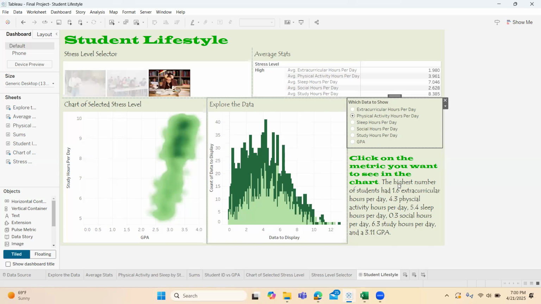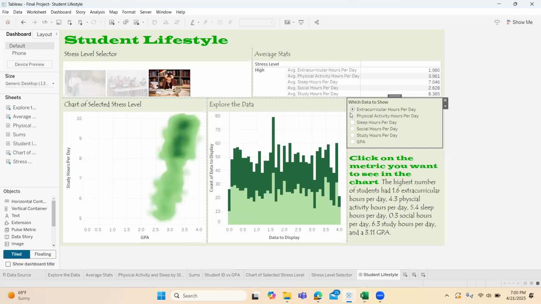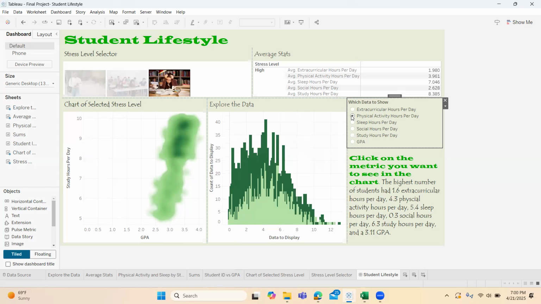And this summarizes it. So you can click on the metric you want to see in the chart. We'll click on extracurricular activities per day. And you can see that most students have 1.6 hours of extracurriculars per day. Most students have about 4.3 physical activity hours per day.